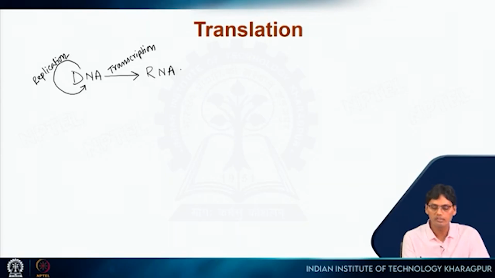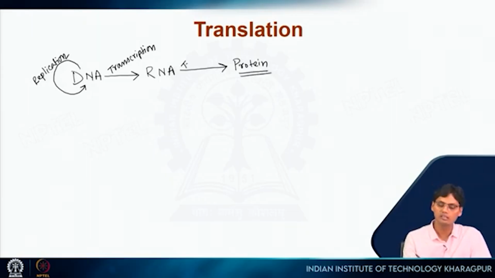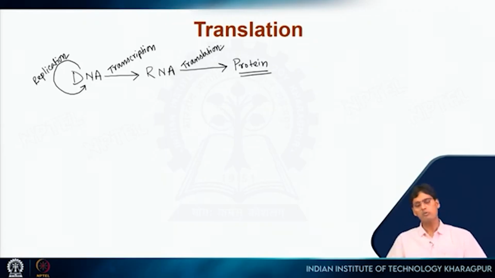But now the next step of the central dogma, we will be getting proteins. So here is the protein molecule, and this process is called translation. If you remember, when I discussed replication or transcription, we mentioned the major enzymes involved in these processes, like DNA polymerase, the enzyme that polymerizes deoxyribonucleotides.